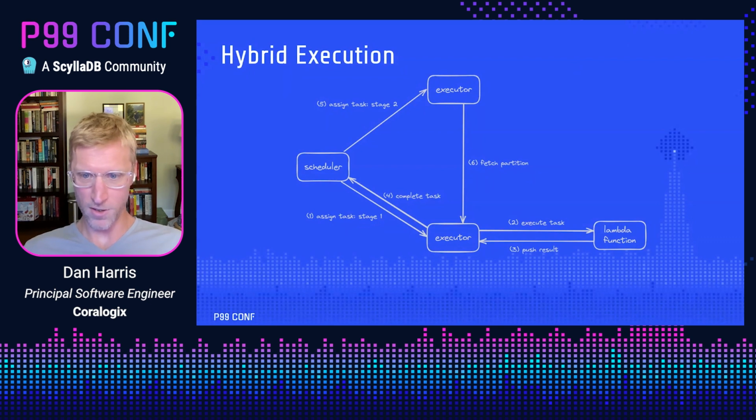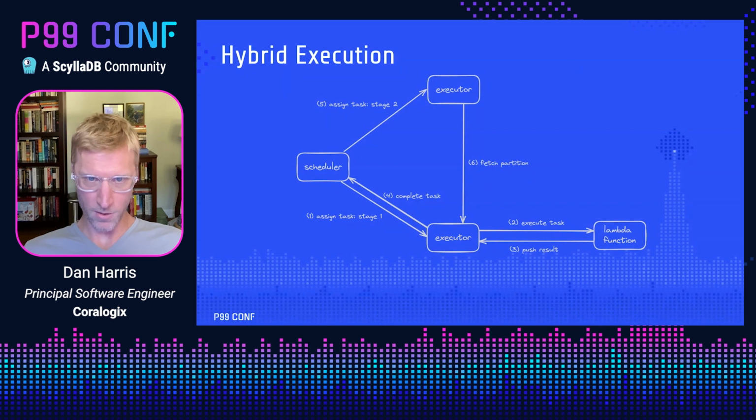So the executor will get the task from the scheduler, and then it's going to dispatch it to a Lambda function. The Lambda function is going to actually execute the plan, and then it's going to push the results using the Arrow Flight protocol back to the executor, which is going to then save it to local disk, the same as if it had executed the task locally.